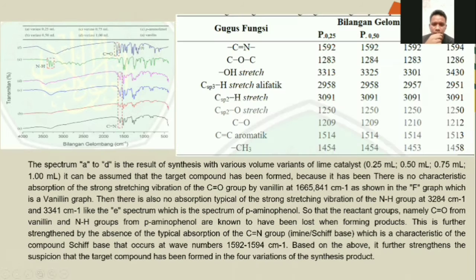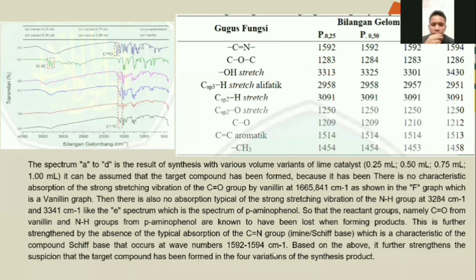Next, spectrum A to D is the result of synthesis with the first volume variant of lime extract catalyst. It can be assumed the target compound has been formed because there is no characteristic absorption of strong stretching vibration of the C=O group of vanillin at 1665, as shown in graph F, which is the vanillin graph.